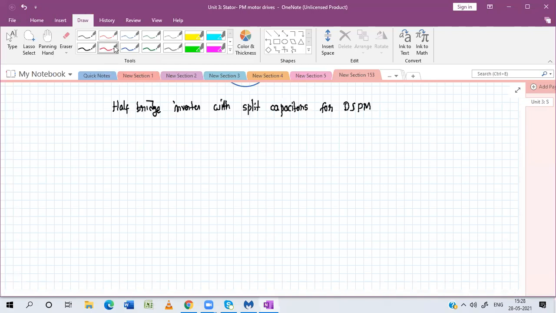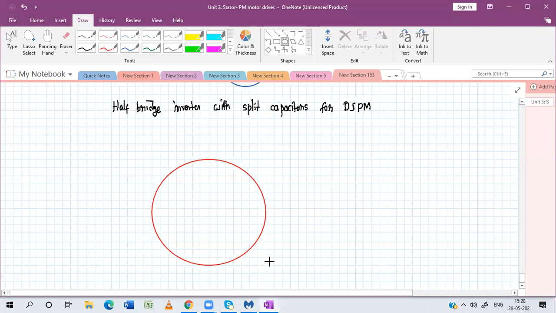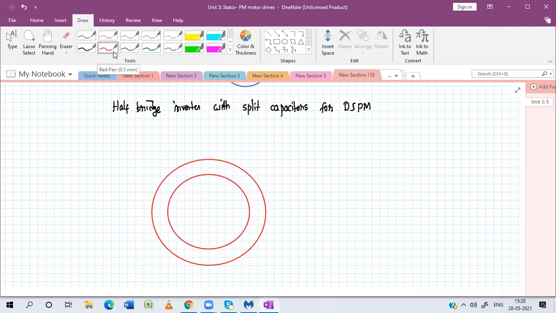So the position sensor looks like this. Consider that here the teeth are there. One minute, I will draw and then I will explain.